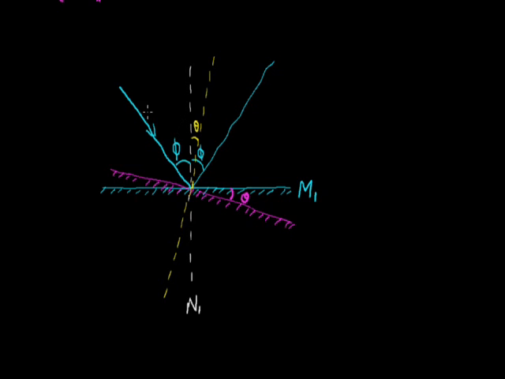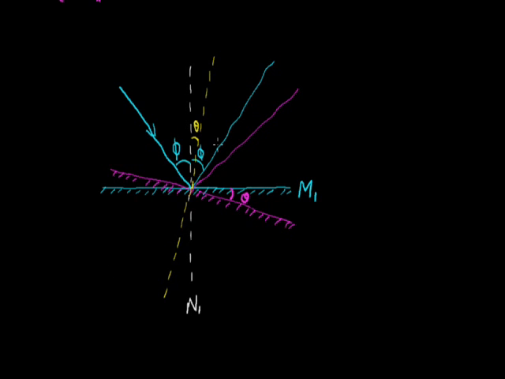Now since the incident light ray is fixed, the new angle of incidence from the normal will be phi plus theta. So according to the laws of reflection, now light gets reflected by making an angle phi plus theta with the normal. So suppose now the light ray is reflected.